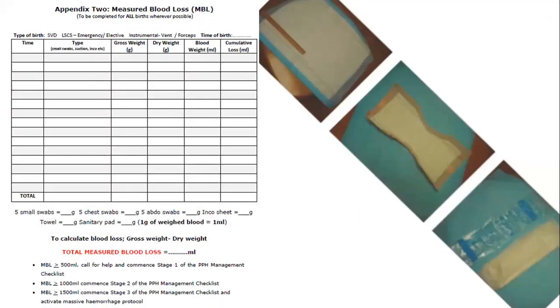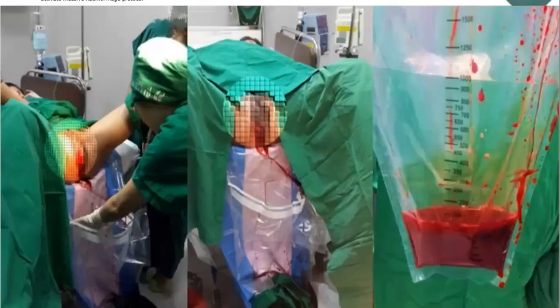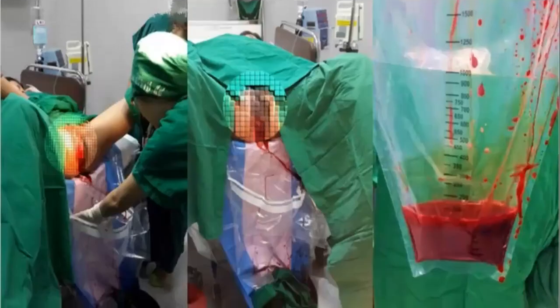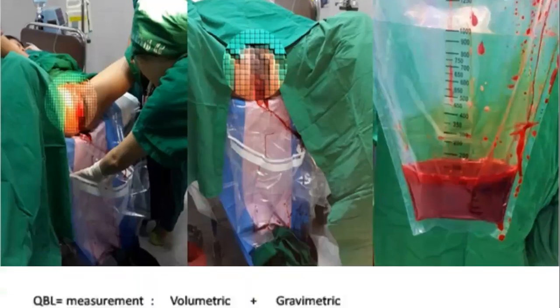The volumetric method is going to measure how much the patient has lost from the total blood collected with the under-buttock drapes, like this one. It can be calibrated, and sometimes it's not. When it's calibrated, it's going to tell you approximately how many milliliters the patient has lost. If it's not calibrated, you are going to weigh them.